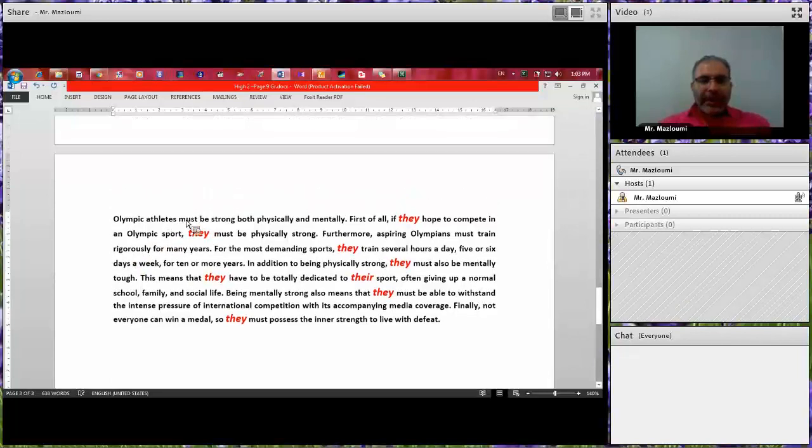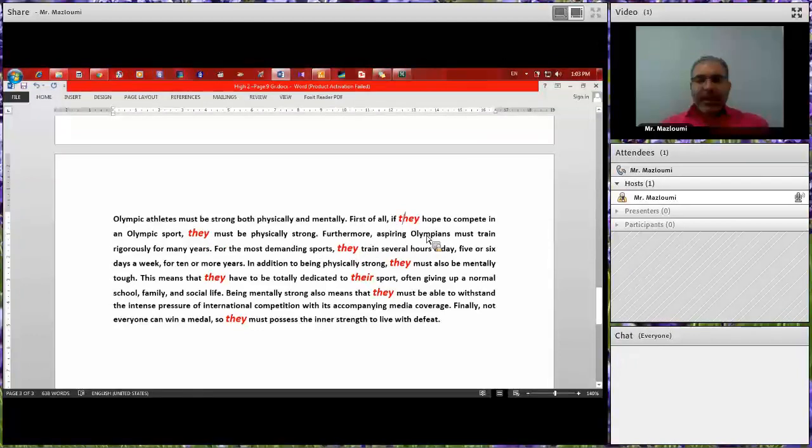Olympic athletes must be strong both physically and mentally. First of all, if they hope to compete in an Olympic sport, they must be physically strong.